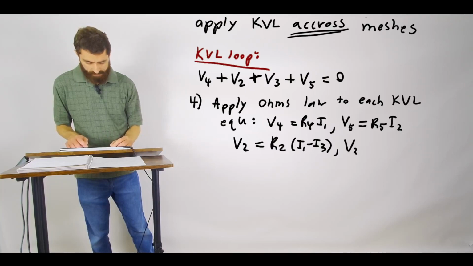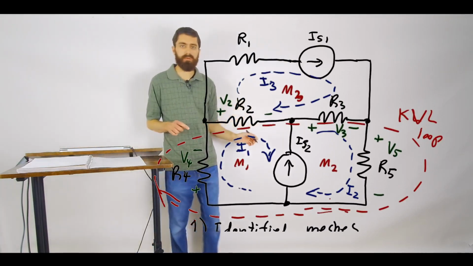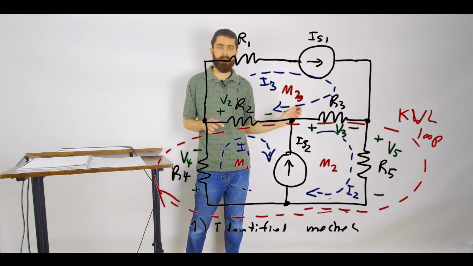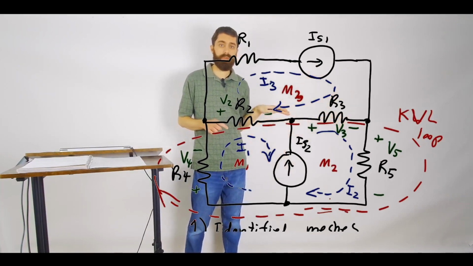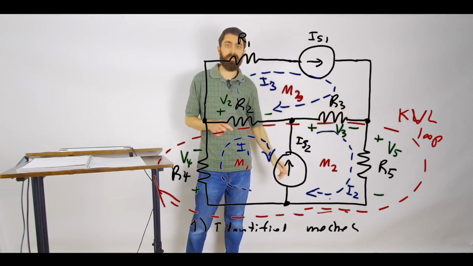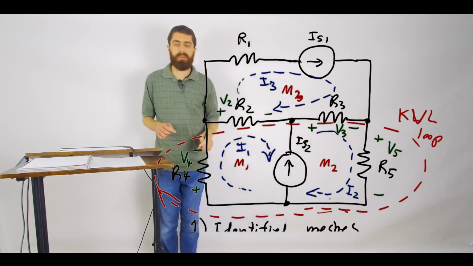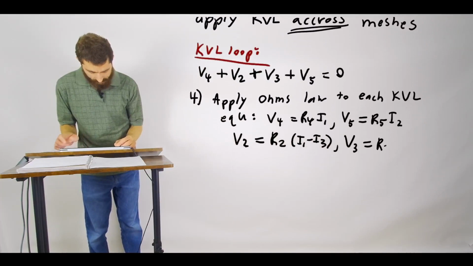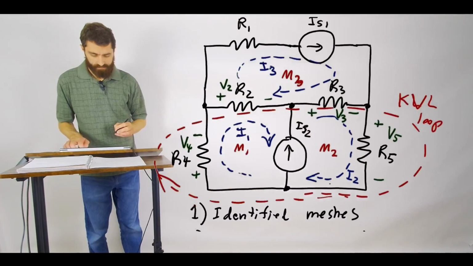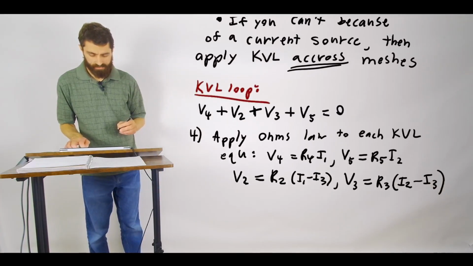And then V3, in a similar manner, is going to be equal to the current through the resistor times R3. The current through the resistor in this direction, from plus to minus, is equal to I2 minus I3. So that gives you V3.